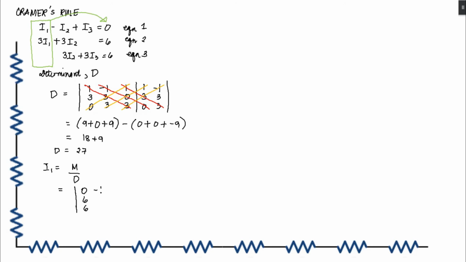Negative 1, 3, 3, tapos 1, 0, 3, tapos close mo na ng bar, ikokopy mo naman yung first at saka second na column. 0, 6, 6, then negative 1, 3, 3, then i-close mo siya, then i-divide mo siya sa determinant mo, 27.